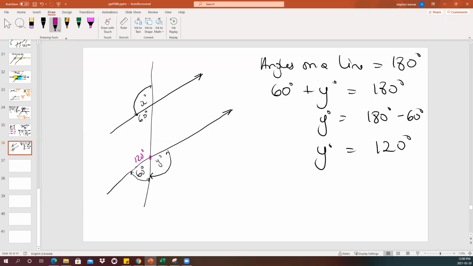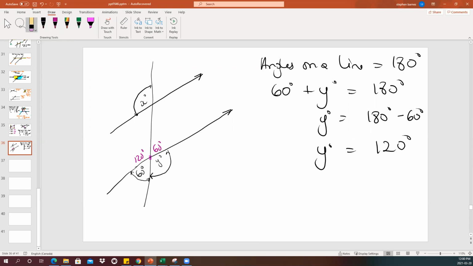The same is true for the angle vertically opposite to the 60 degree. So this one is also 60 degree. Having found those two angles, there are several ways we can go about finding the X angle right here.